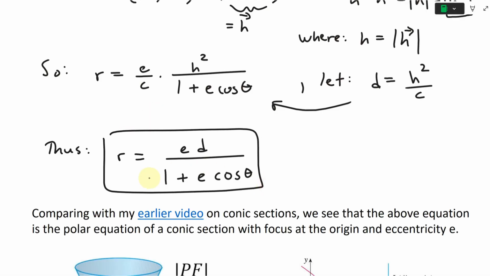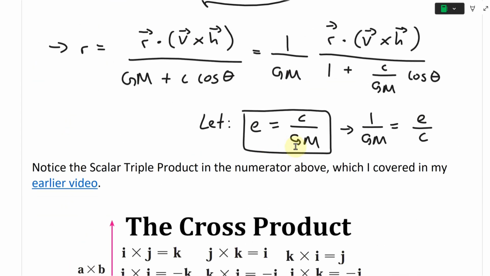And for completeness, I'm just going to write where E is equal to, recall, C over GM. And again, C is the magnitude of that constant vector there, and GM is the gravitational constant, M is the mass of the sun. So again, E equals C over GM.